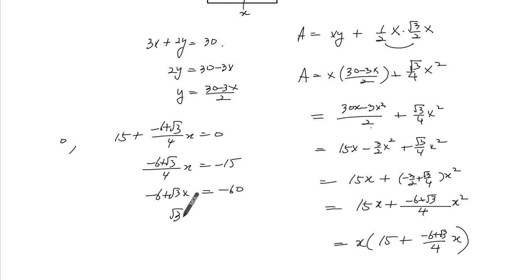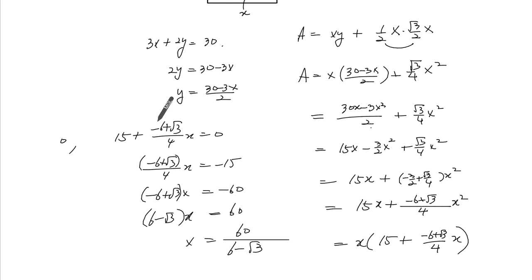Root 3 x will be then minus... I can't do that. There's an implied bracket here, right? So let's actually multiply both sides by negative. So you get 6 minus root 3 here, and this becomes 60. So x will equal 60 over 6 minus root 3.